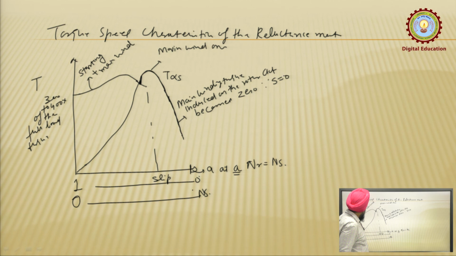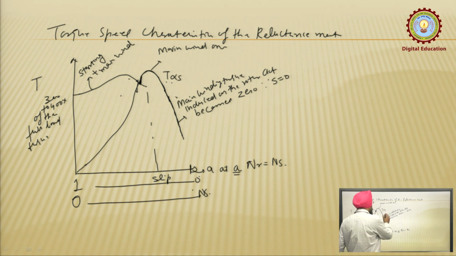With the help of starting and main, we started the motor at 78% of its full speed. Then it shifts with the help of the centrifugal switch to the main winding torque, and for main winding torque, we know that under running condition, after the maximum torque condition, torque is directly proportional to slip, and it starts decreasing as the slip approaches 0. At slip approaching 0, NR is equal to NS, but at this condition what will happen?